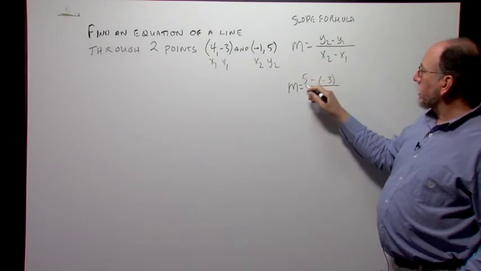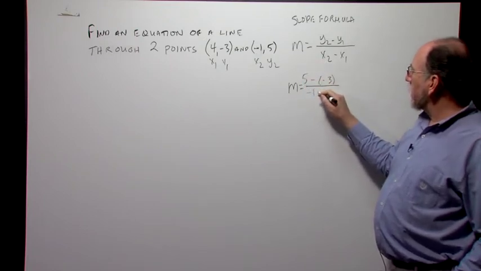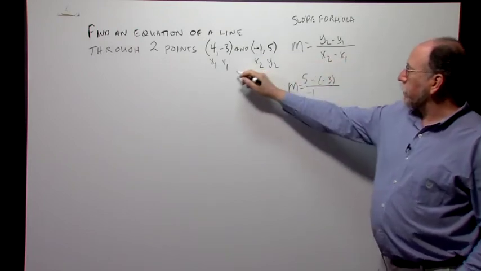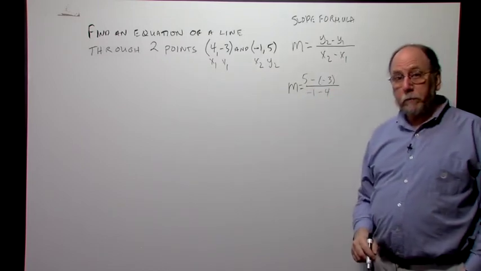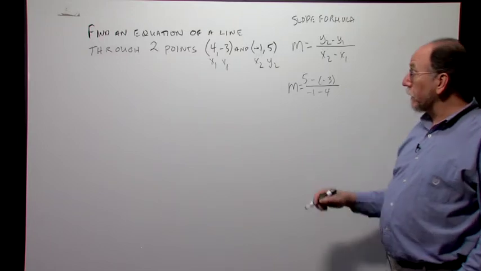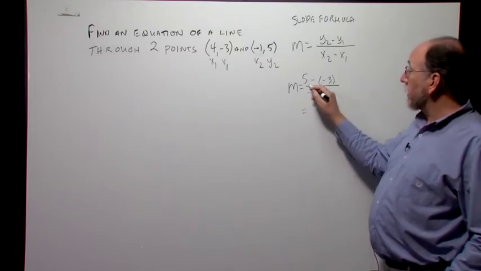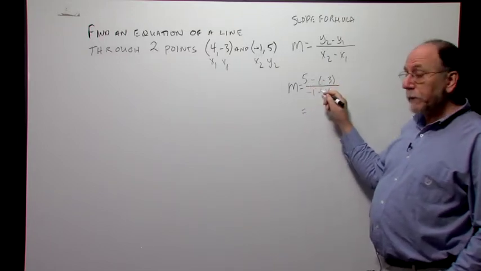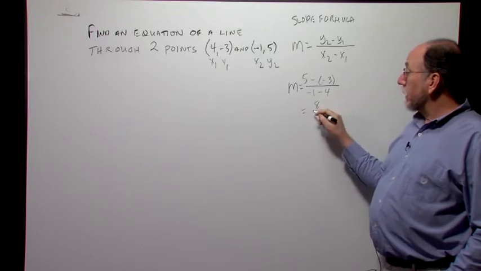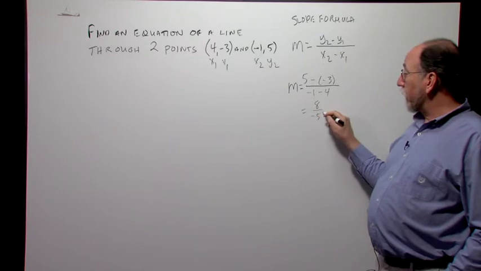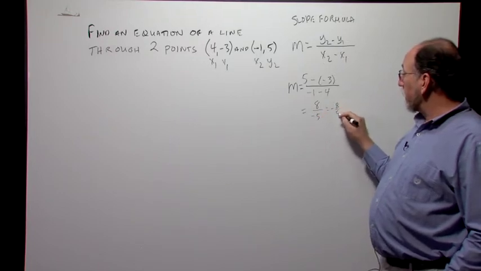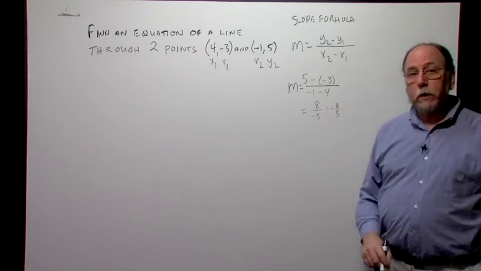And then x2 is -1 and minus x1, which is 4. Okay, so there's our slope formula filled in. And then we calculate it. What is 5 plus -3? It's 8. And -1 minus 4 is -5. So we have -8/5 is our slope.